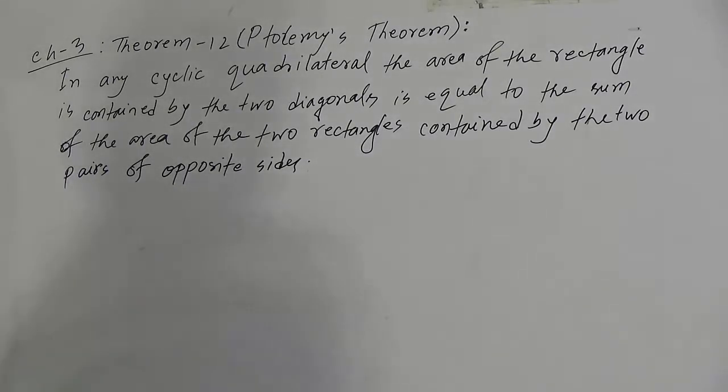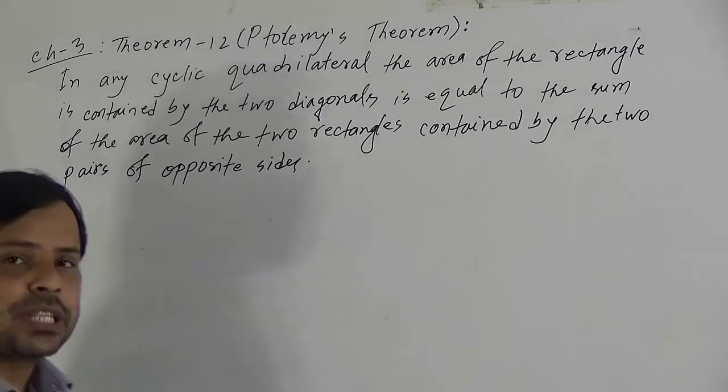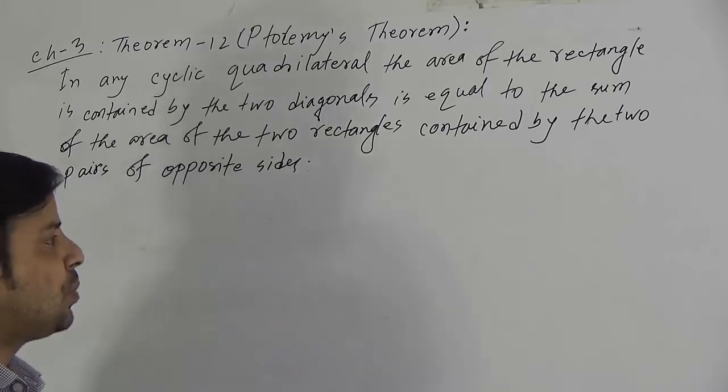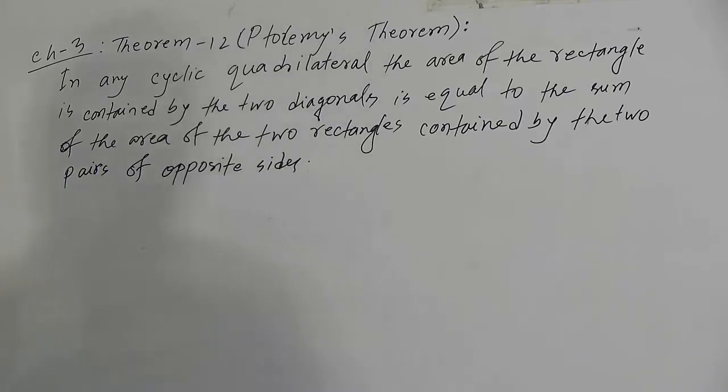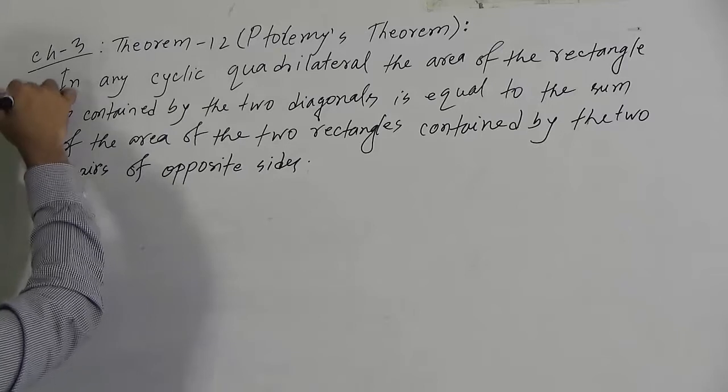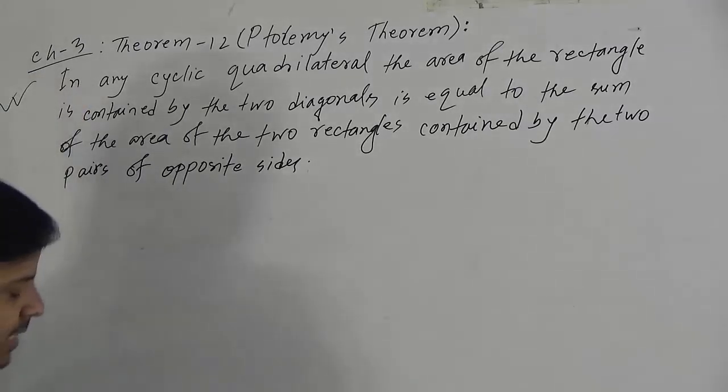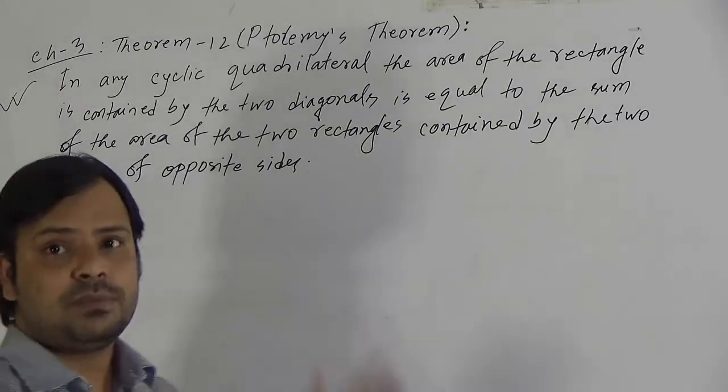Okay, dear students, if you read the statement, you will understand what the question is here, and this we need to prove. This is our general enunciation, and now I will solve this theorem.